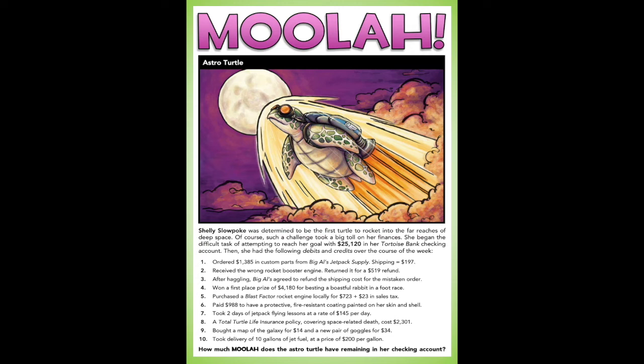Ready? Step 8. A total turtle life insurance policy covering space-related death cost $2,301. For step 8, what are you going to do with your total if it cost that much? Ready? Step 9. Bought a map of the galaxy for $14 and a new pair of goggles for $34. So on step 9, she's spending again.